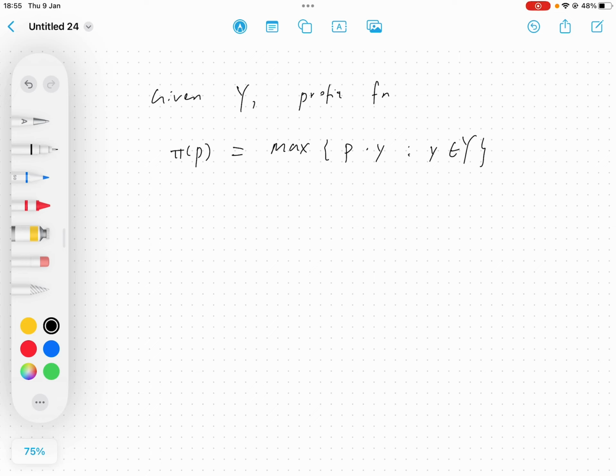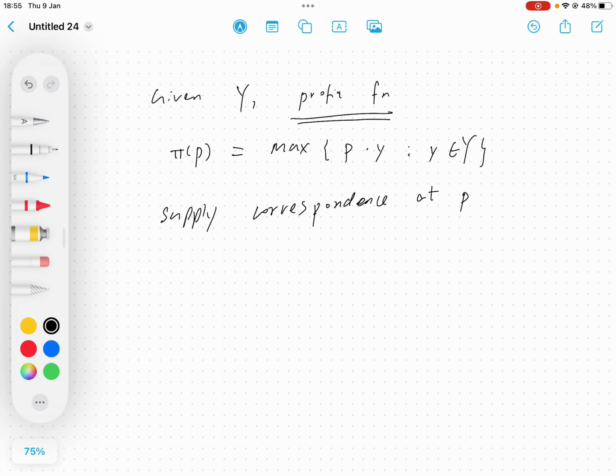And also we can define the firm's supply correspondence, and the same as before, we have a correspondence here because we might have multiple solutions, right? If we have two, yeah, it's just possible, right?